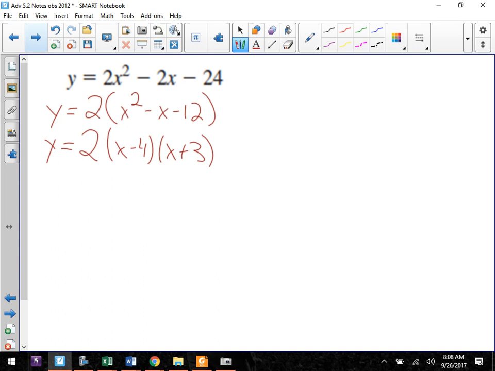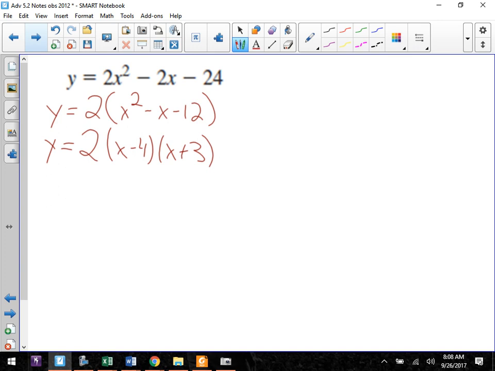What changes when there's an equal sign versus just factoring? What do you have to look for? When you have factored form and you have an equal sign, what that means is it's asking you to find the zeros. You're solving for x. You set both of your terms equal to 0.